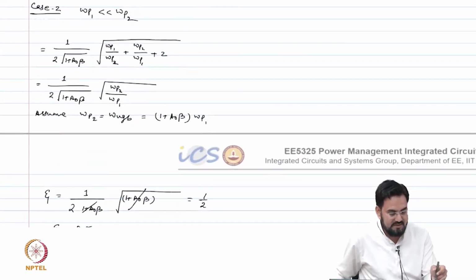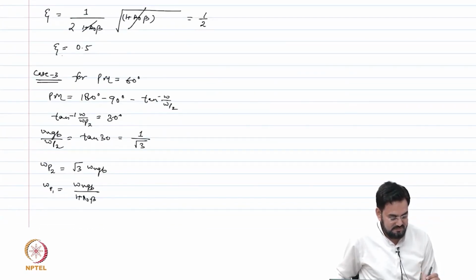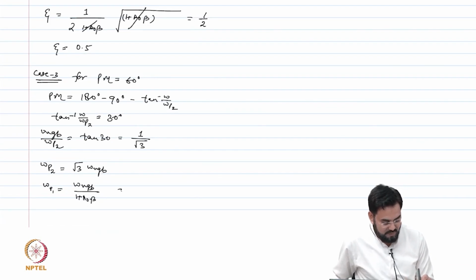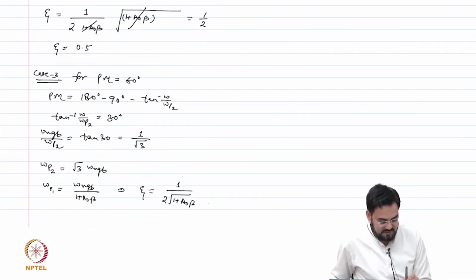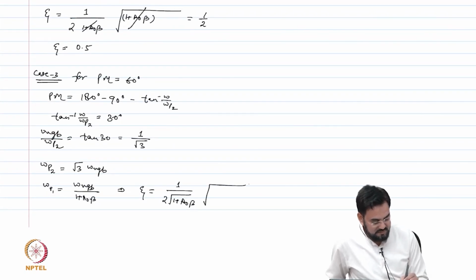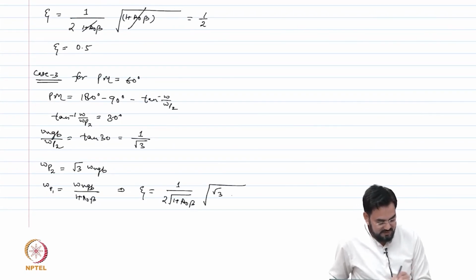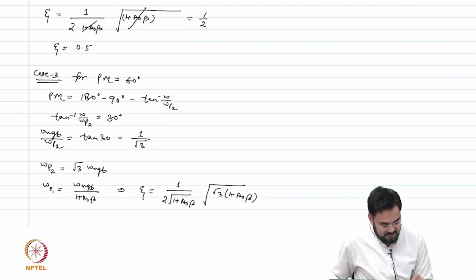Can you tell me from here? Zeta is 1 over 2 square root 1 plus A naught beta. Just substitute the values. Square root 3 into 1 plus A naught beta.